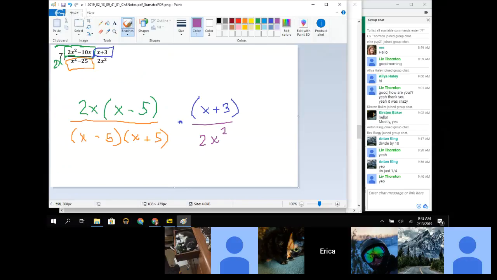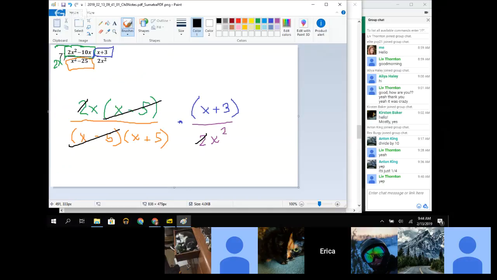Okay, so now what I have is a rainbow of numbers, but I have a multiplication problem, right? So now I am allowed to cancel out my x minus 5 and my x minus 5. I'm allowed to do that because I'm multiplying all these quantities together. I'm allowed to cancel my 2 and my 2 because those are being multiplied. They're not being added to anything, right?